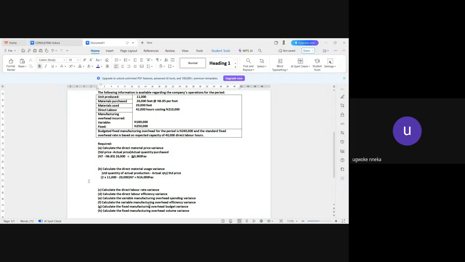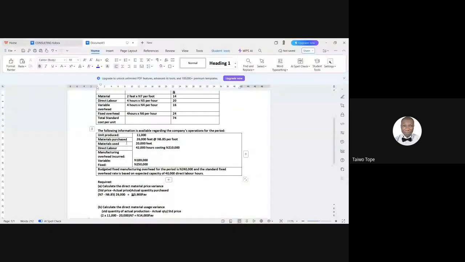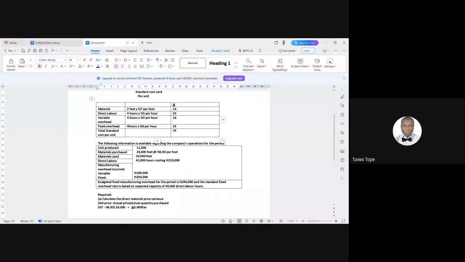I didn't know where you get this two times 11 from. All right, ma'am. So our formula is standard quantity of actual production. Now, your standard quantity in terms of material is 2 feet.